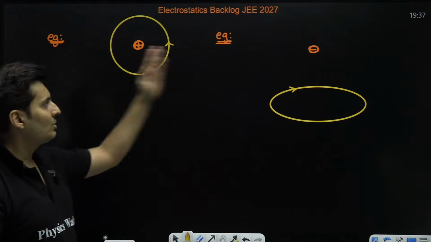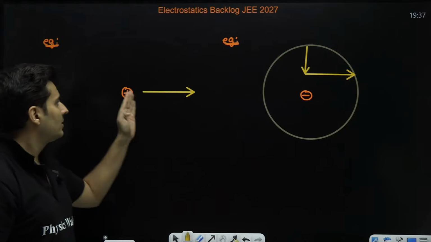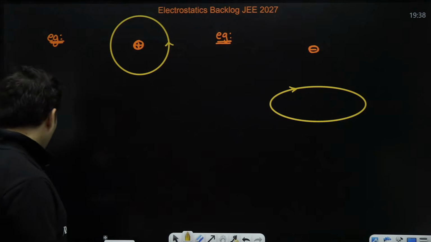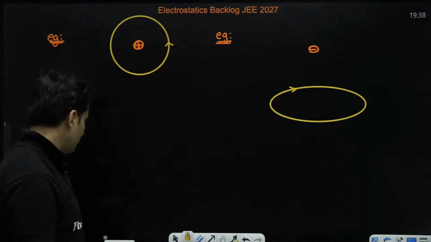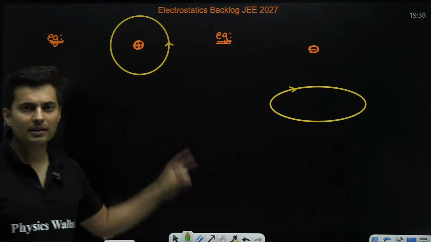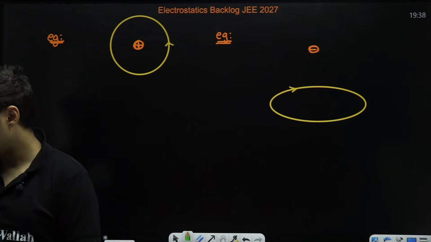So this is the first situation, this is the second situation, this is the third situation, this is the fourth situation. Come on, let's start with the first one over here. And I'll give you more situations after this. Come on guys, predict what should be the correct answer for this particular situation.